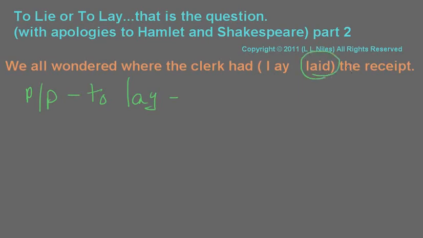Even if you would think for a second that, well, lay can be like, I lay the pencil on the table. Yes, but in the third person singular, we have clerk here as our subject, and even if it were a present tense, it would be lays.